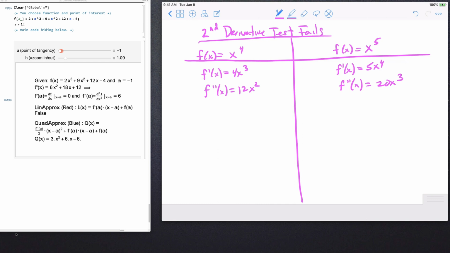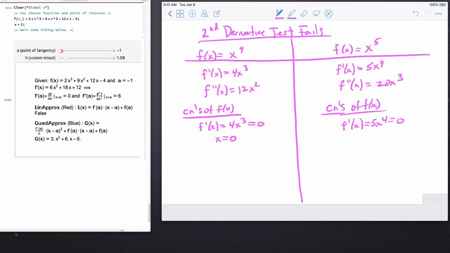Okay, and we can see here that critical numbers of the function f of x are when the first derivative is equal to 0. So that implies that x equals 0 is a critical number. And in the case of the other function, f prime of x equals 5x to the fourth equals 0, also at x equals 0.